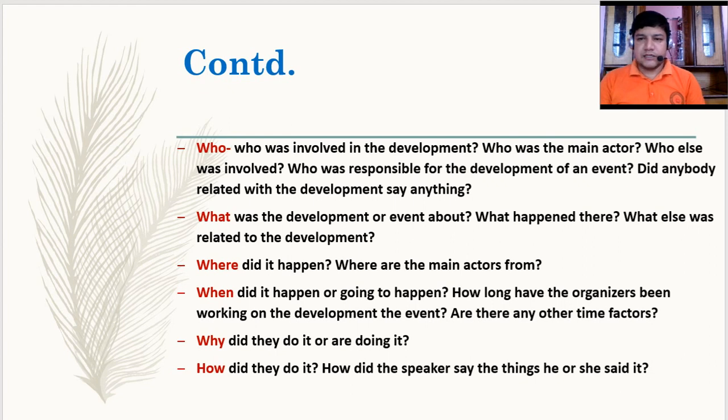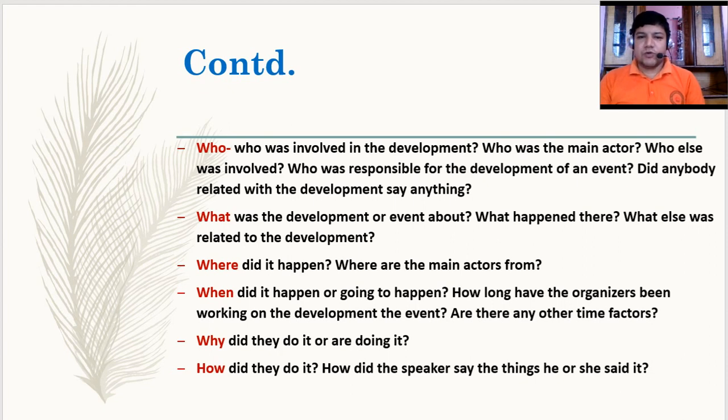If you are writing a news report about a program, who were the participants? Who were the audience? Who were the chief guests? Who were the key speakers? So you have to mention the persons involved in that event.